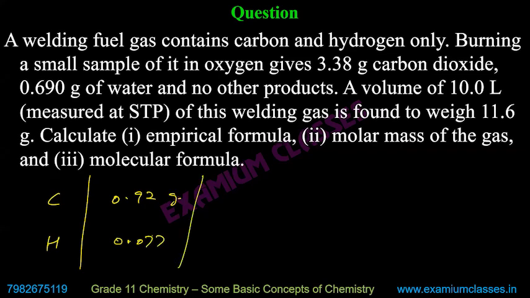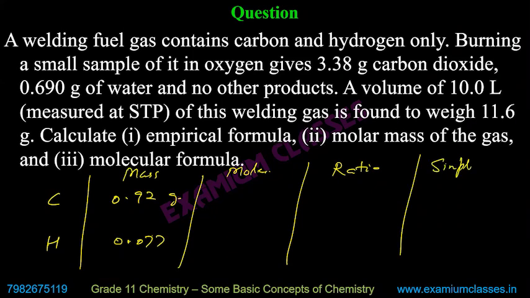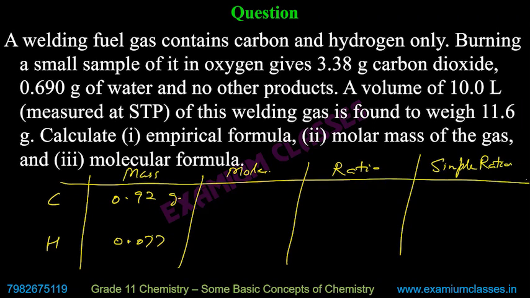Now, because this is the mass, then you will calculate the moles. From moles, you will get the molar ratio, and then simple ratio. So mole here will be 0.92 divided by 12, because the atomic mass of carbon is 12. And 0.077 divided by 1, because atomic mass of hydrogen is 1.